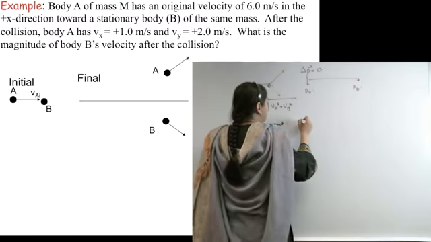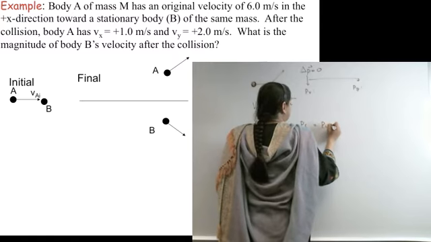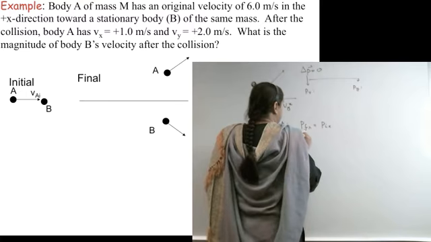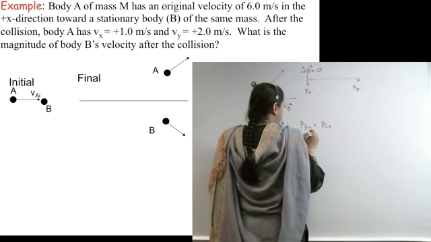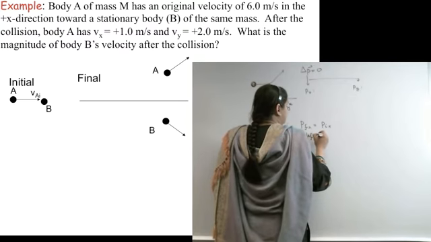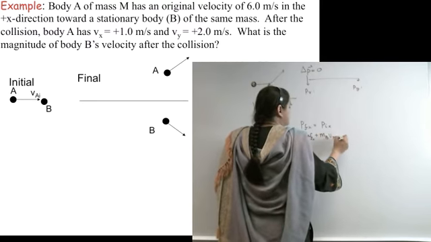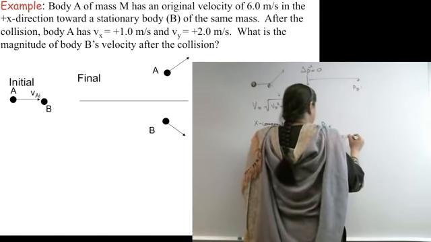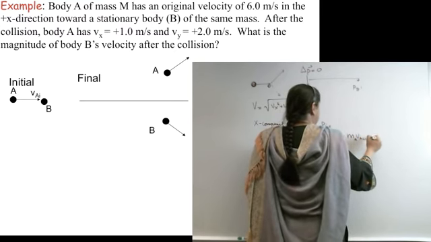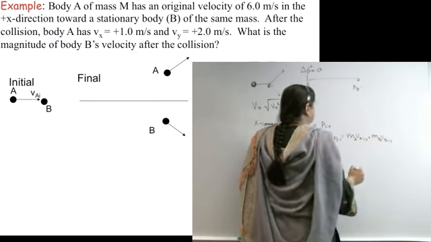Delta p is 0, that means p final equals p initial in the x direction. So this means MA VA final plus MB VB final along the x will be equal to MA VA initial plus MB VB initial along the x.